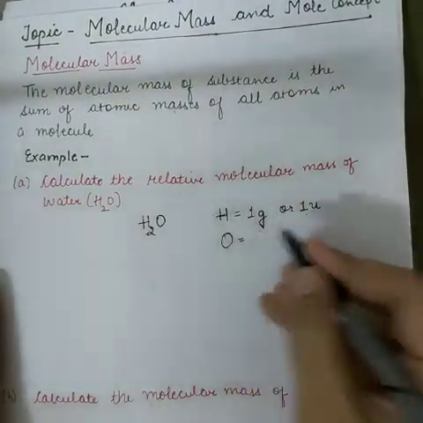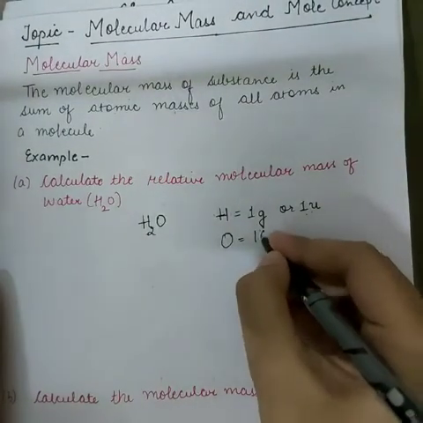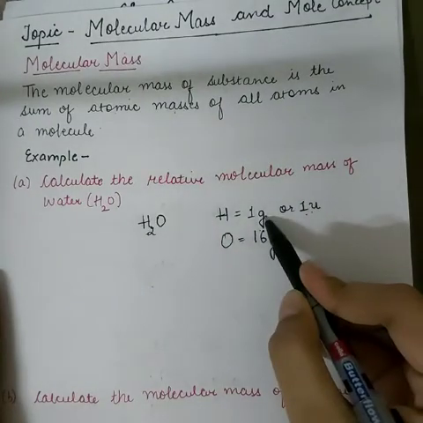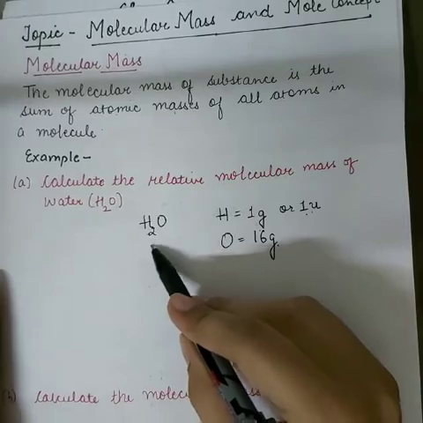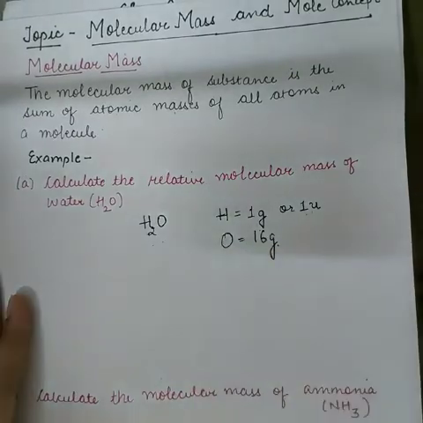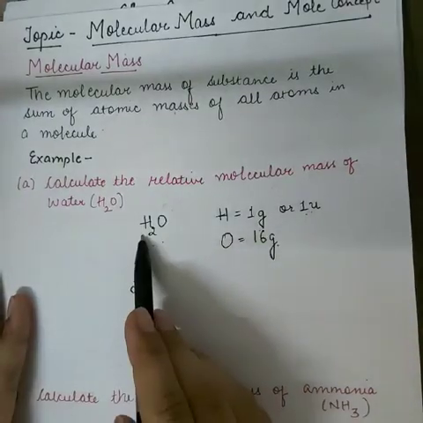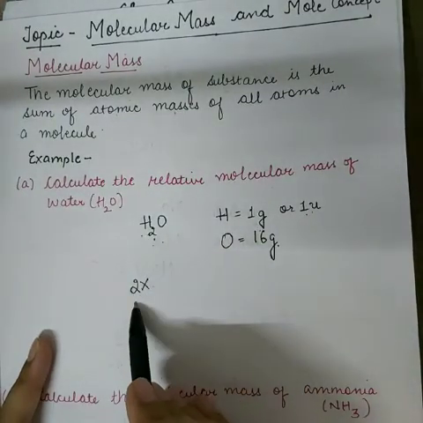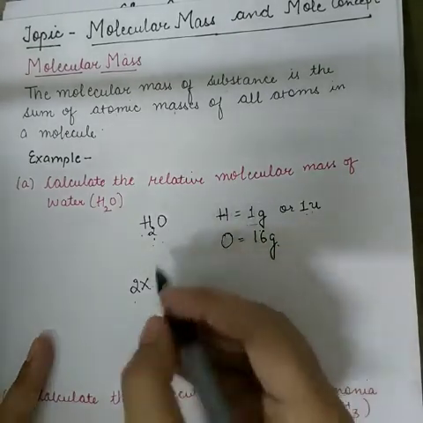Oxygen, what is the atomic mass of oxygen, students? That is 16 gram, right? You know the atomic mass of hydrogen, you know the atomic mass of oxygen. Now you can calculate the molecular mass of the water molecule. So 2 into the atomic mass of hydrogen. There are 2 atoms of hydrogen, so I have used 2 into 1.